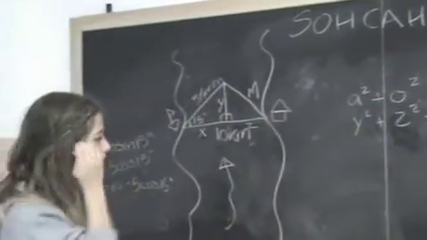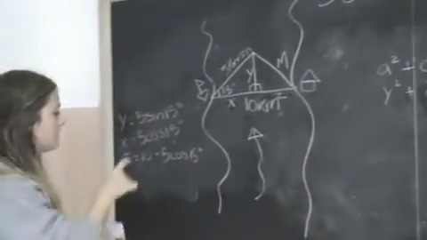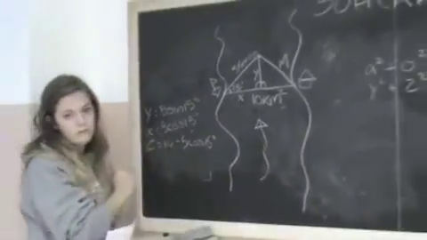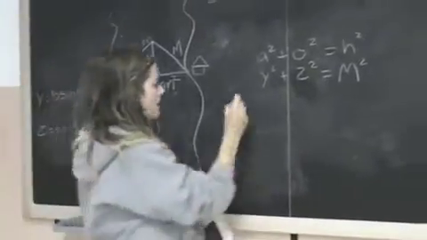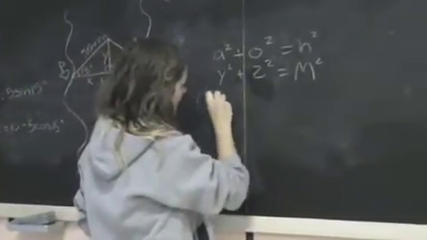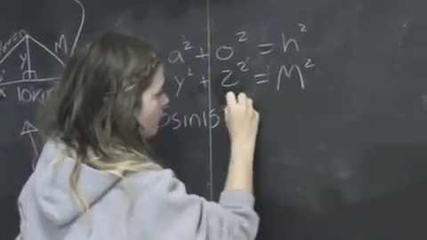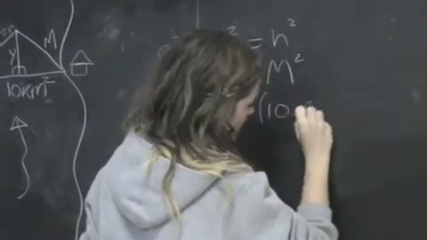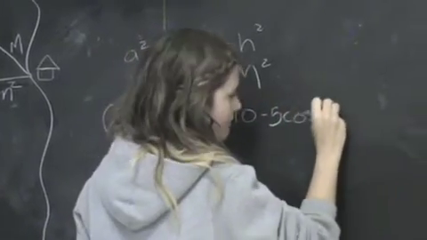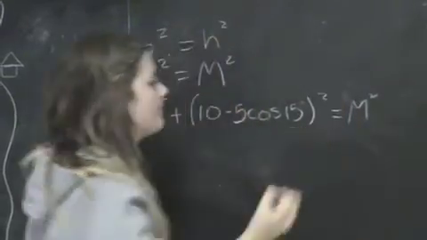Means same thing. And then from here, you can add in the numbers you have. You don't really need x anymore, so we'll just take that away. And you put them in here. So it's 5 sine 15 degrees, all squared, plus 10 minus 5 cosine 15 degrees, all squared, equals m squared.